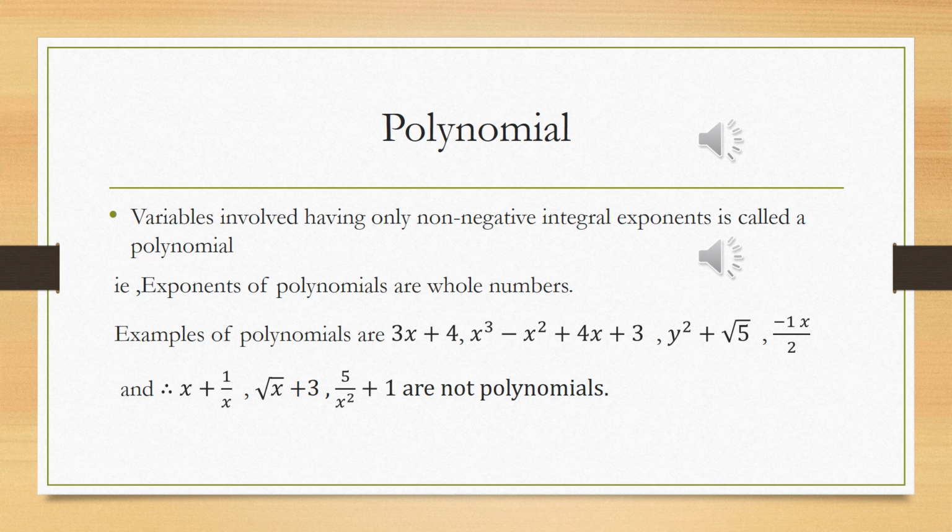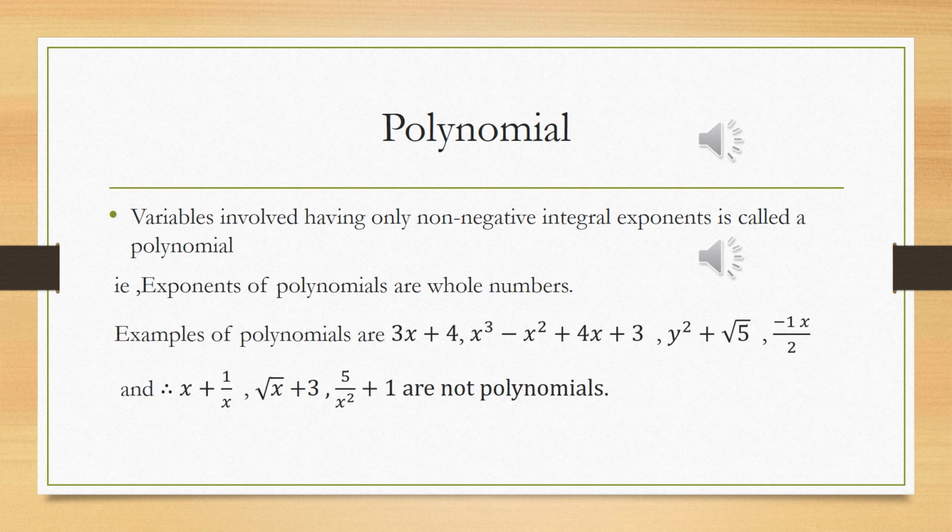In root x plus 3, we rearranged it as x raised to 1 by 2 plus 3. Again, the power of the variable is a fraction. In the third one, 5 by x square plus 1, we wrote it as 5x raised to negative 2 plus 1, where again the power of the variable is a negative integer.